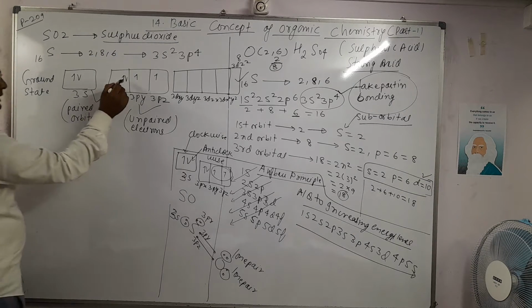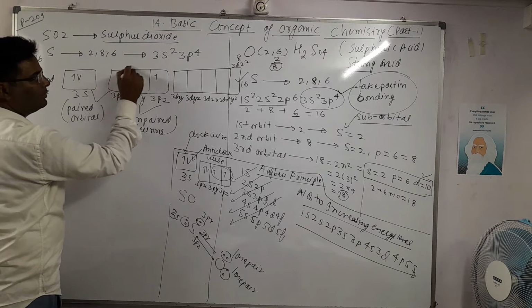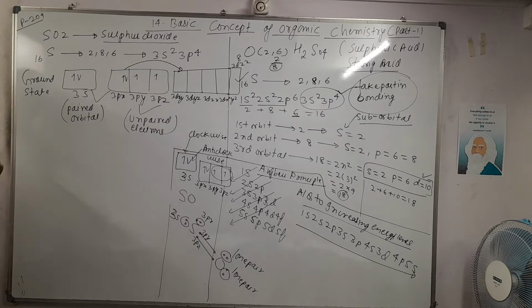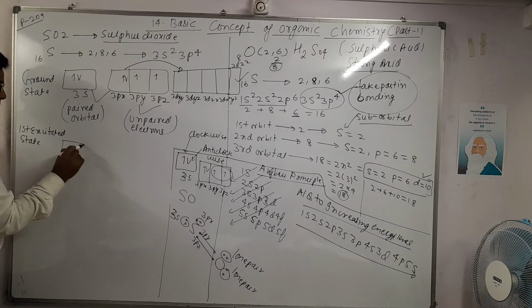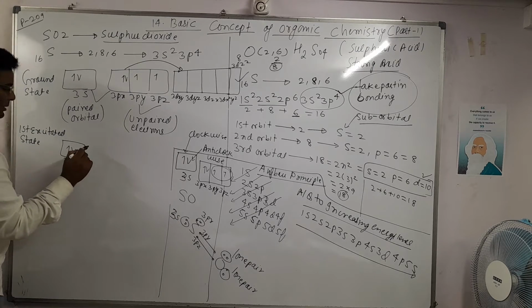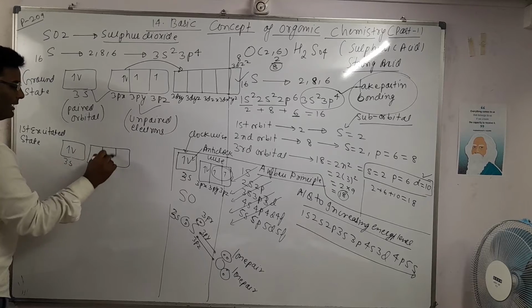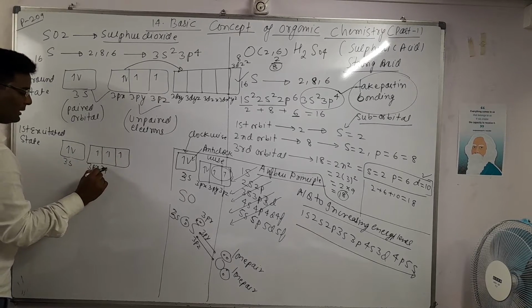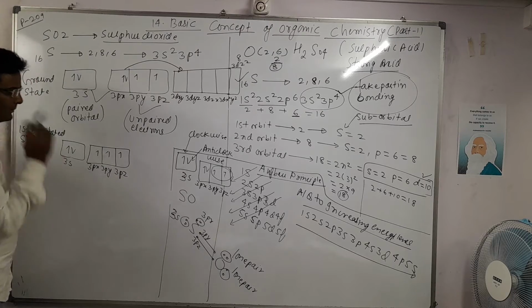So I will move this paired electron to 3dxy, right? So it is called the first excited state. It will look like 2 electrons in 3s and 1 electron in each p orbital: 3px, 3py, 3pz.